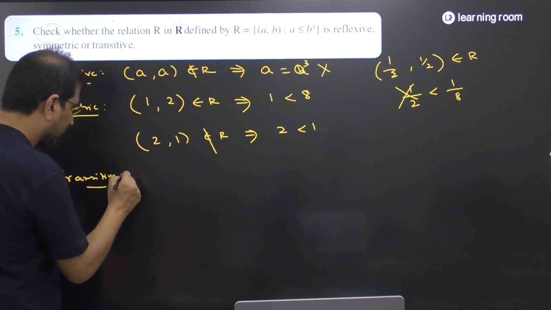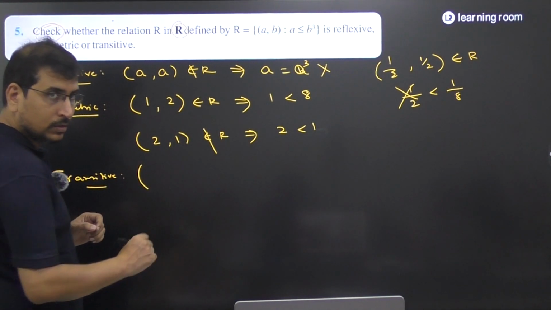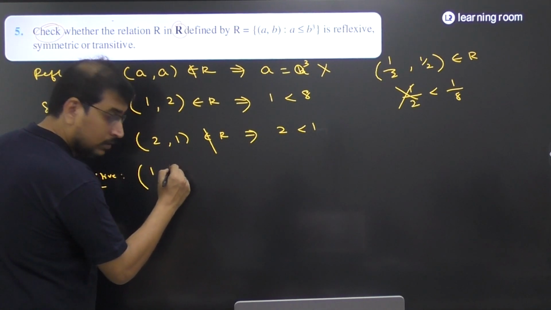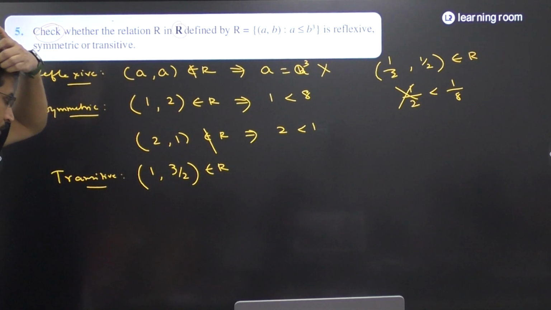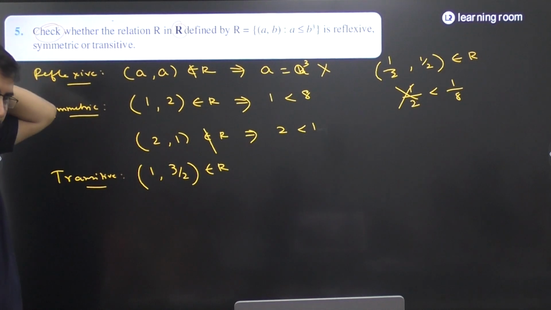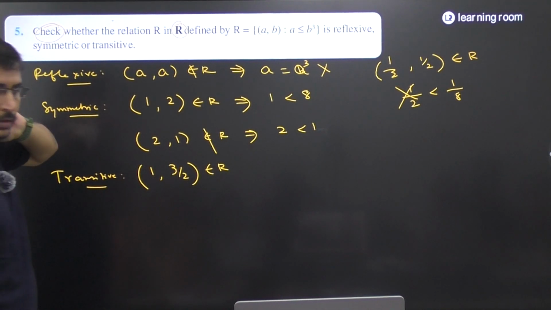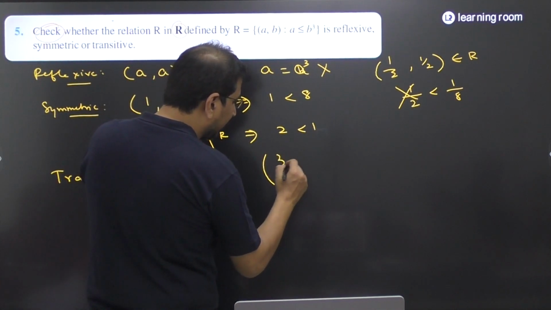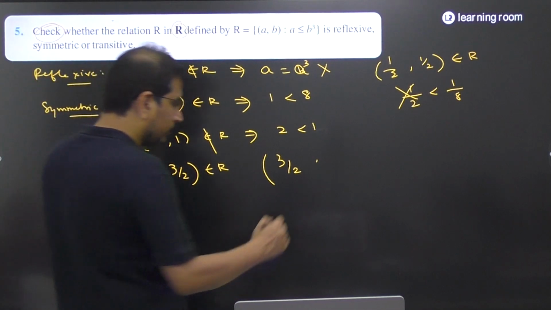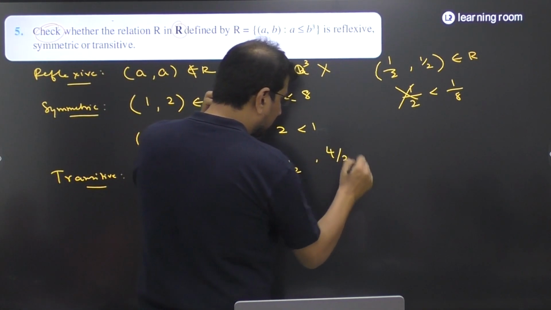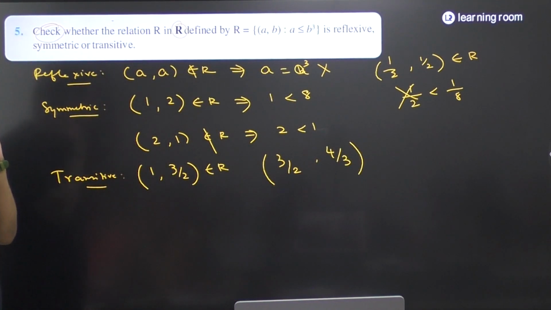First ordered pair: we'll take (1, 3 by 2). Does this belong to R? Yes, because 1 is less than 27 by 8. Okay, next, what is the number? So the next ordered pair should be (3 by 2, ...). We'll take 4 by 3. Then what is happening here?